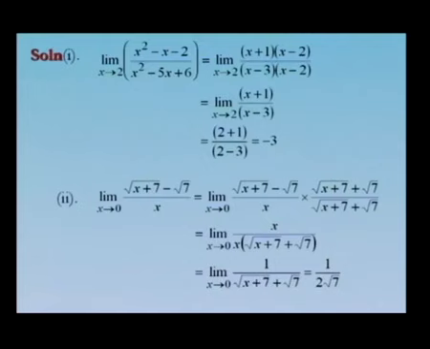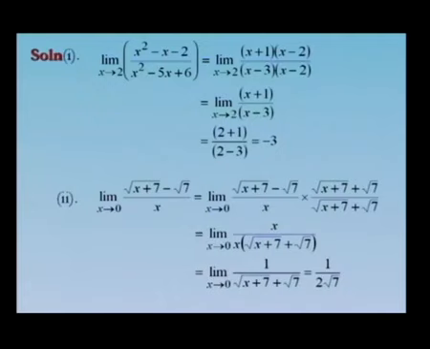Here limit x tends to 0, (square root x plus 7 minus square root 7) upon x. Here we rationalize this so that the numerator can be simplified, because if you just substitute x equals 0 in the numerator and denominator, we will get 0 upon 0, which is an indeterminate form, so its value cannot be determined.